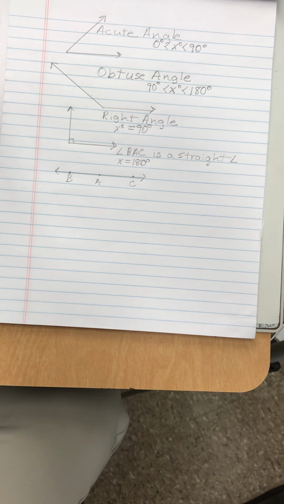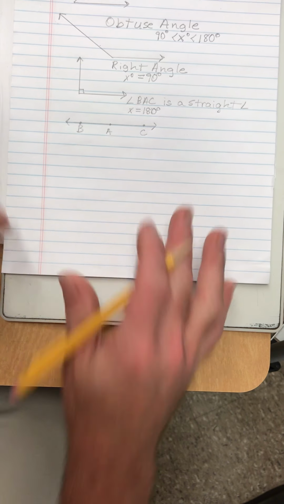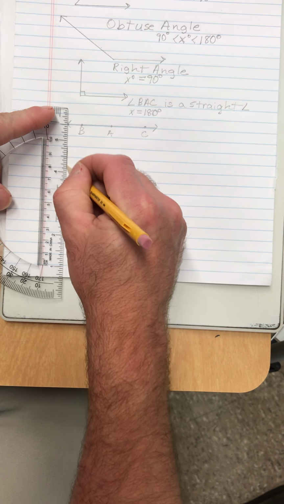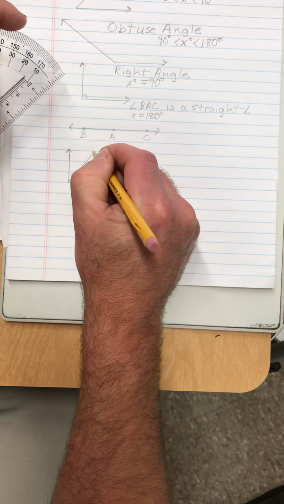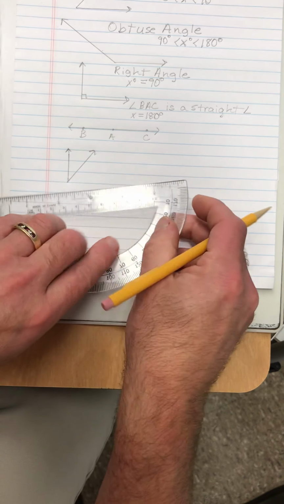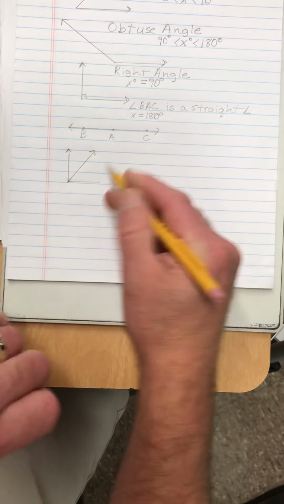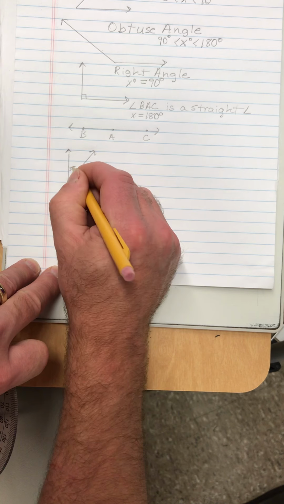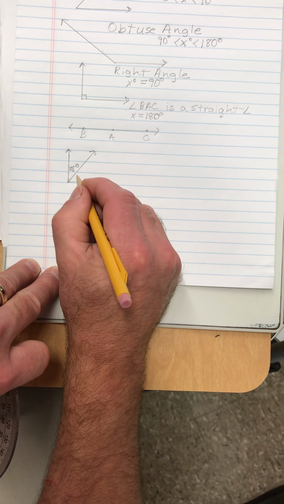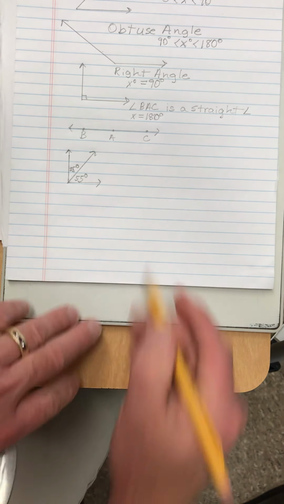Now, if I have 2 angles that add up to 90, okay, so I'm going to draw an angle like this. And then for this one, I'm going to go ahead and draw it here. So let's make this 35, and this would be 55. Okay?